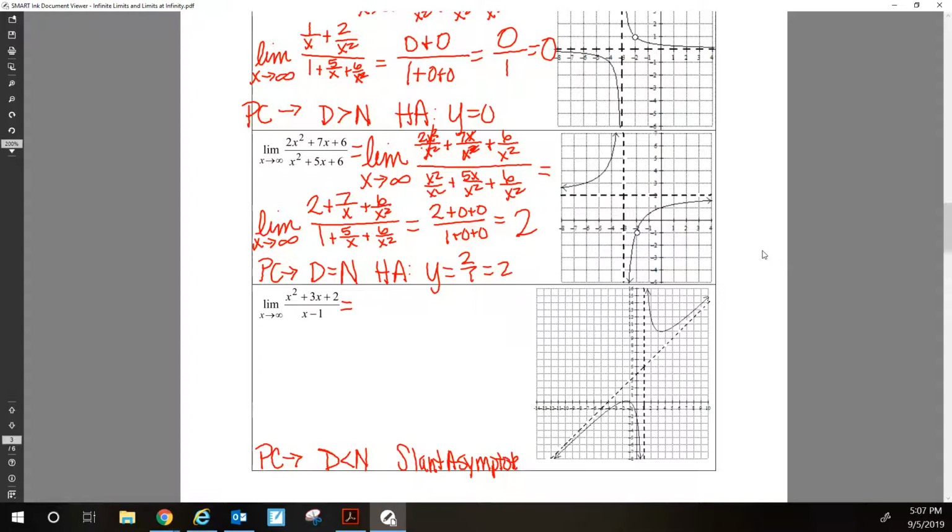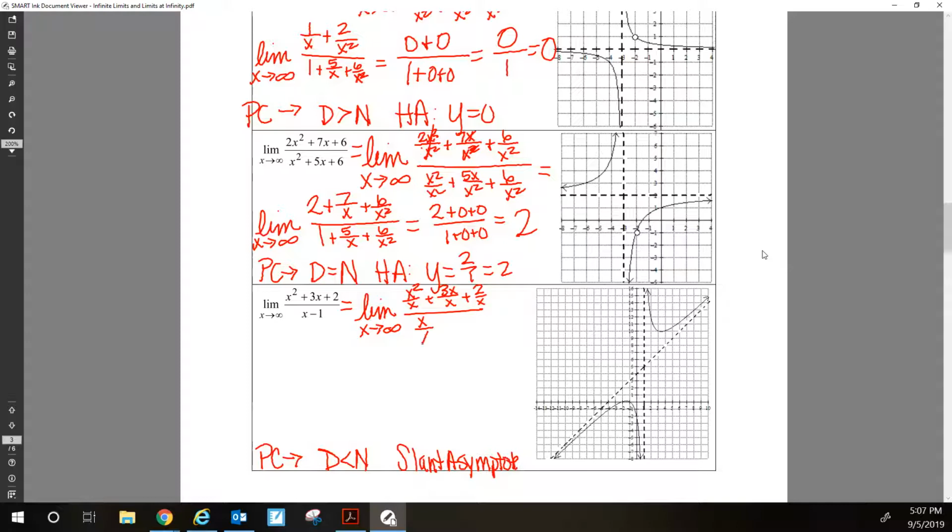Again, be careful. It's not the highest degree of the numerator, it's the highest degree of the denominator. So this time, instead of dividing by x squared, we're dividing by what is in the highest degree of the denominator. So this time, we're only dividing by x. So I've got x squared over x plus 3x over x plus 2 over x.